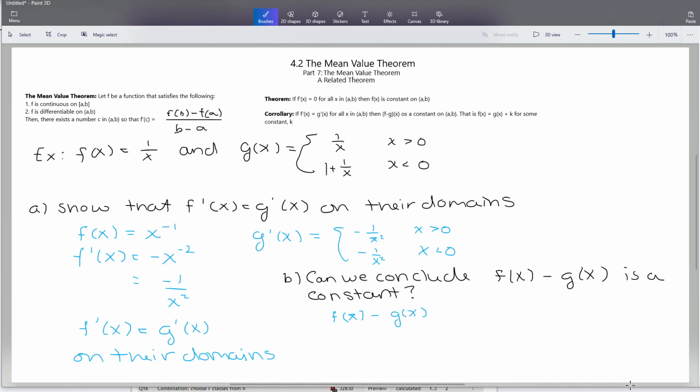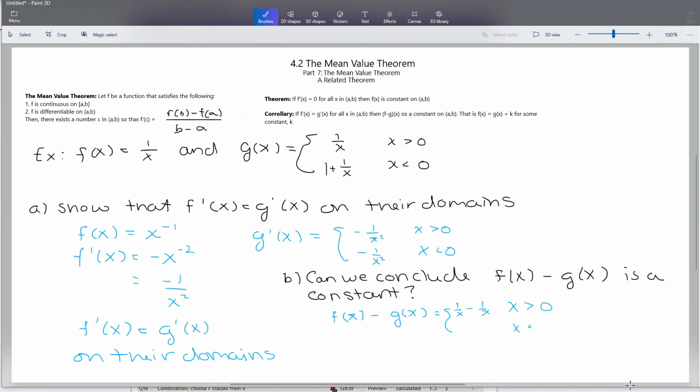So this is going to be a piecewise function, because it depends on what g of x is. If x is greater than 0, then f of x is 1 over x, and g of x is 1 over x. So this is f minus g.